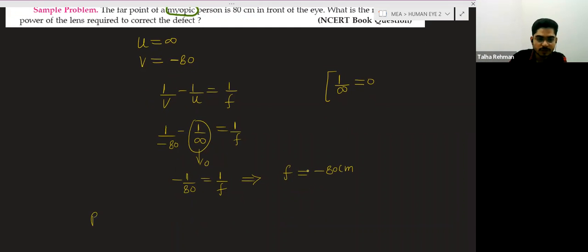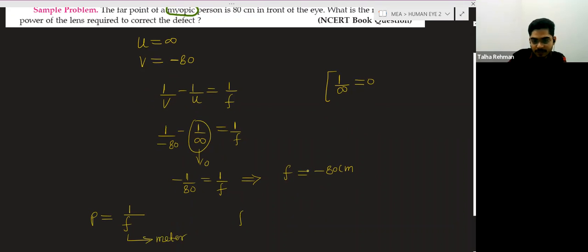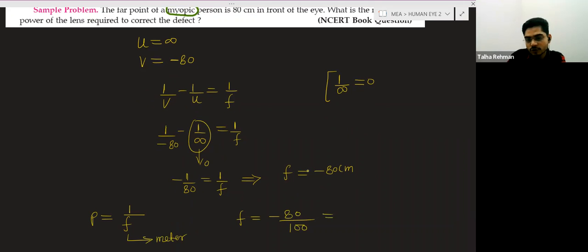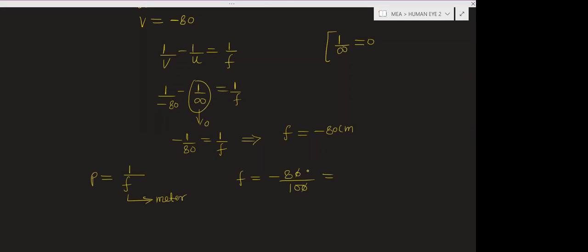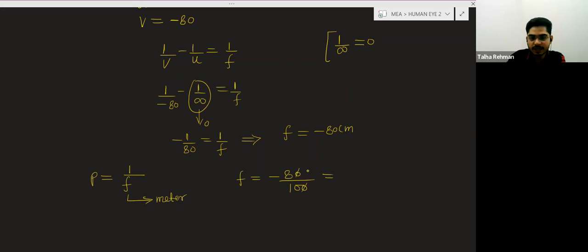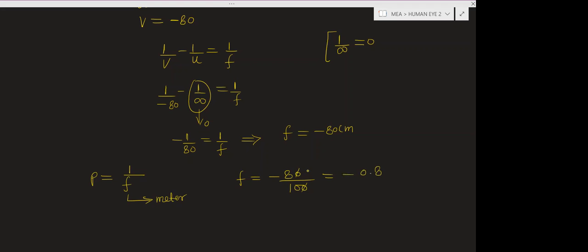So what is the power? Power is equal to 1 upon focal length, and this focal length should be in meters. But the focal length we have calculated is in centimeter, so we will divide it by 100. So basically we will get minus 0.8 meters.